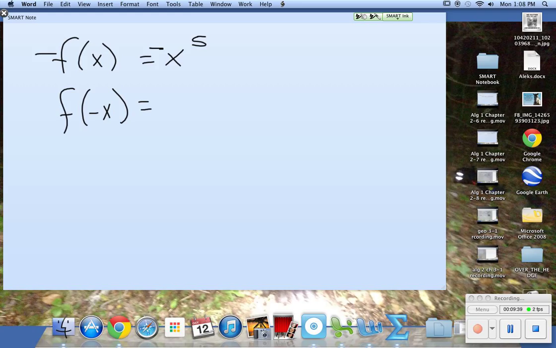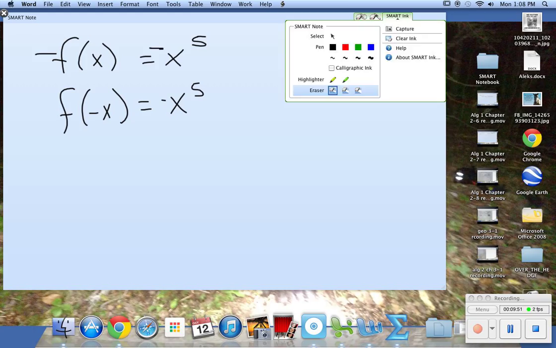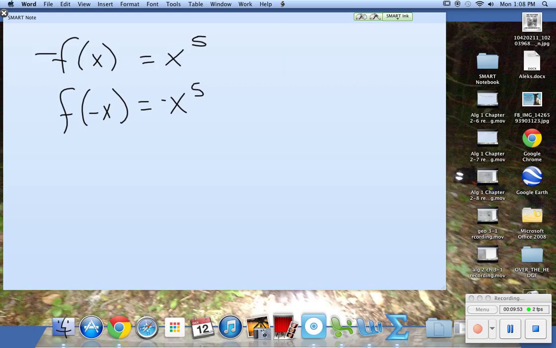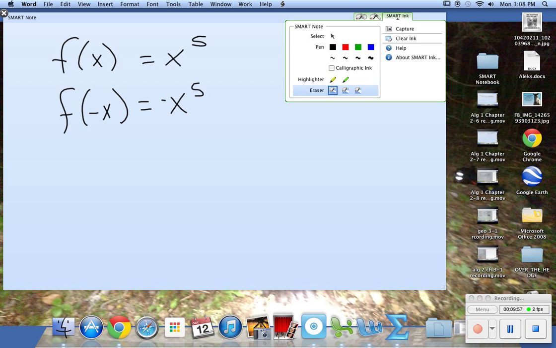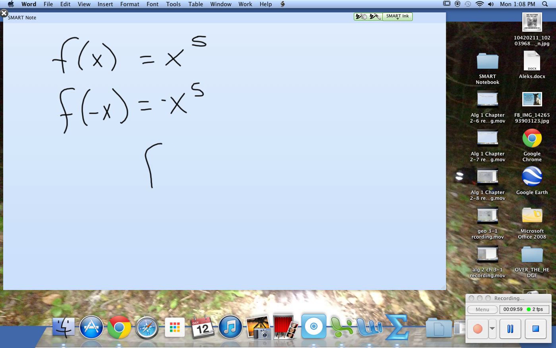Yes, it is. That would be, putting in here, a negative x to the fifth. So with this function right here, we could say that f of negative x equals negative f of x, so they are symmetrical.